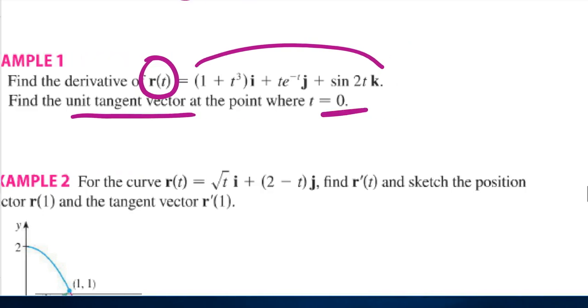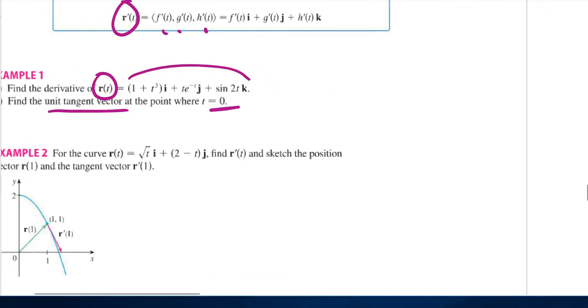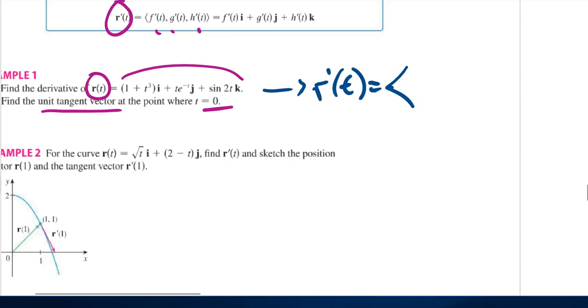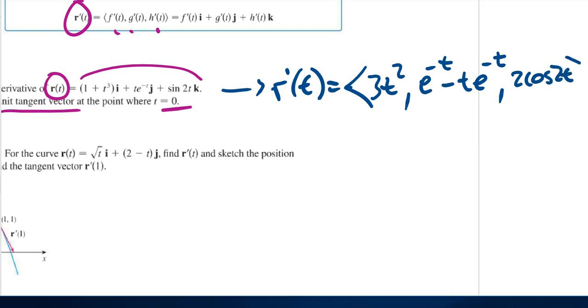Actually, let's do this. It's not a bad idea to at least try it. So r prime of t will be, I'm going to draw it with the brackets instead of the ijk, 3t squared, and then we use a product rule here, e to the negative t minus t e to the negative t, and then 2 cosine of 2t.